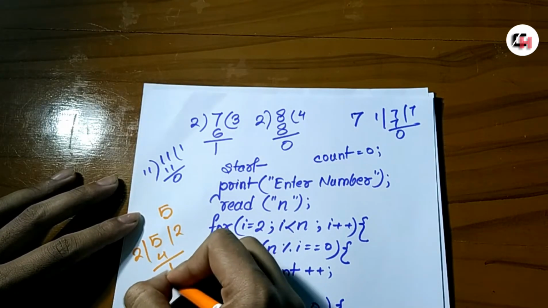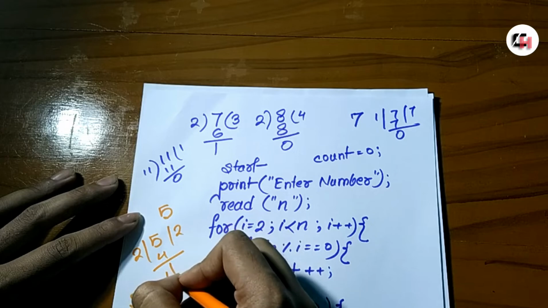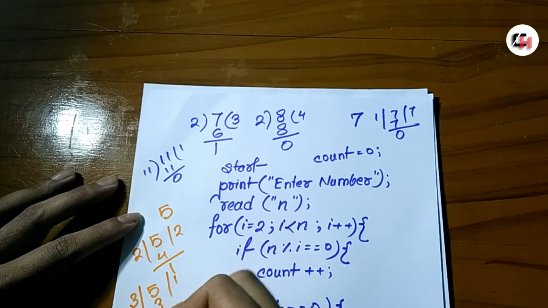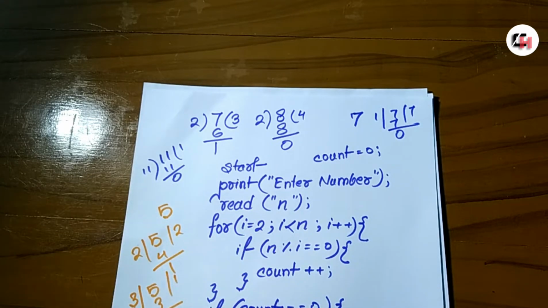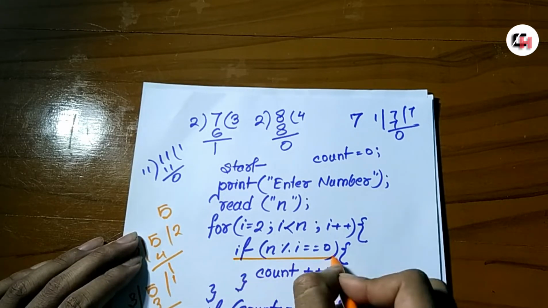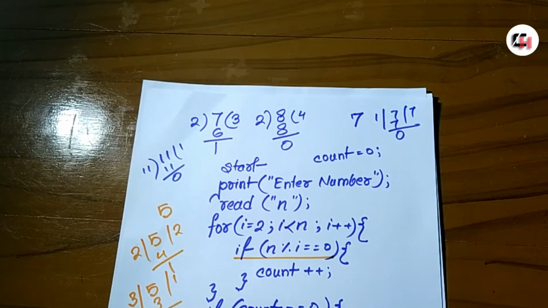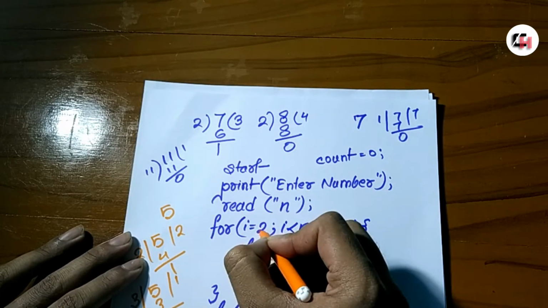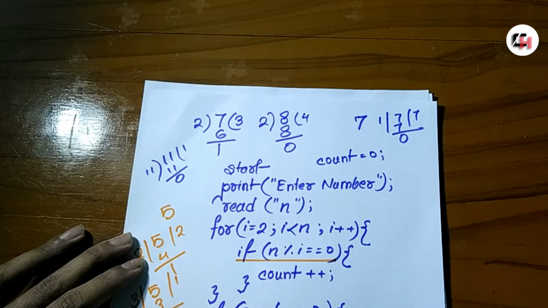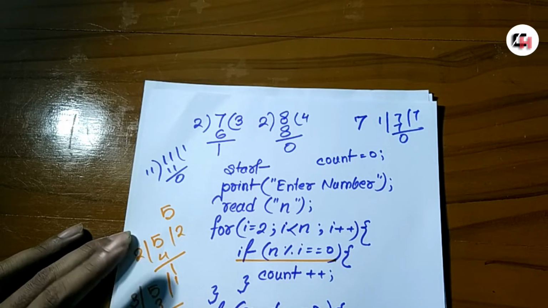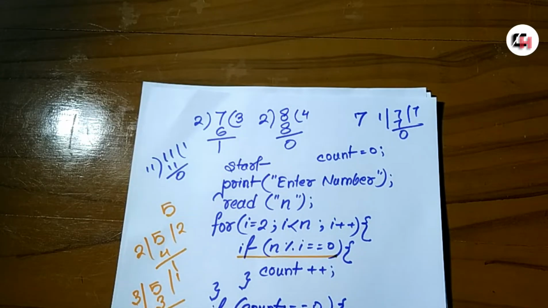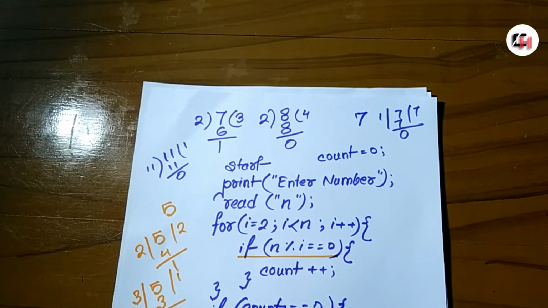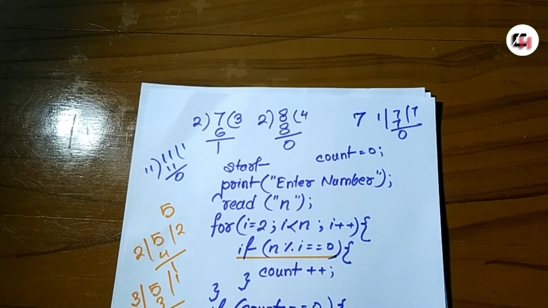So again 5 divided by 3, and the remainder is 2. So again that condition is not true, so the count plus plus will not happen. Again it will go to the loop and check the condition, and now the value of i equal to 4. Here the remainder is 1, so that condition is not true, so the count plus plus will not happen.